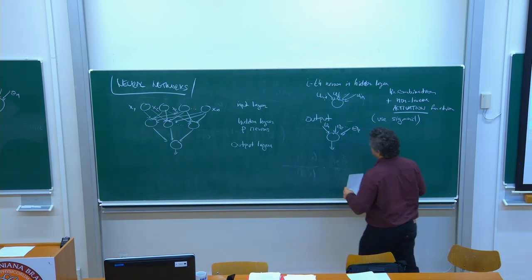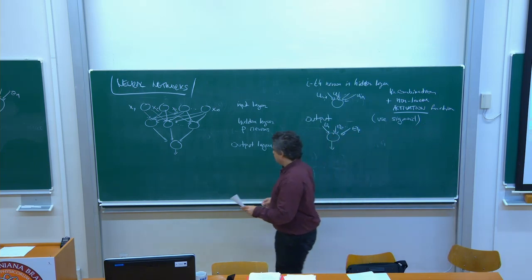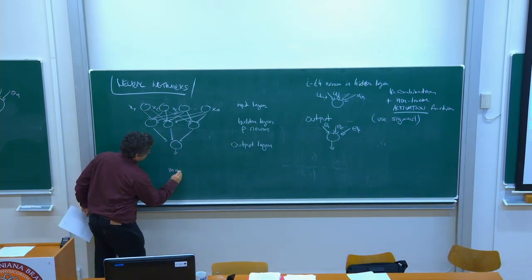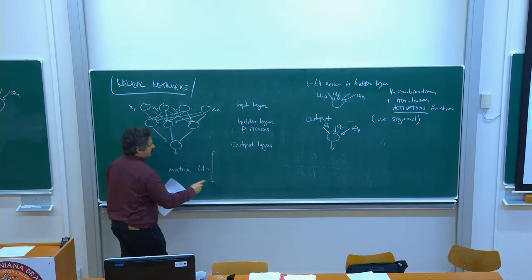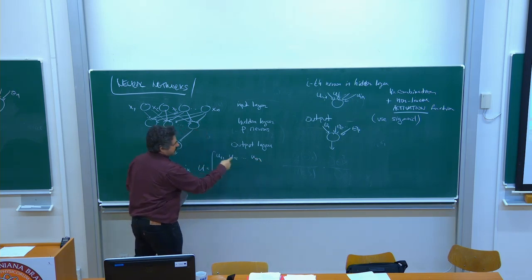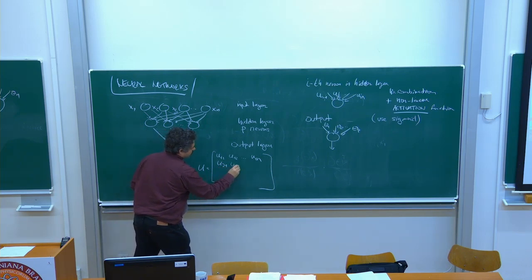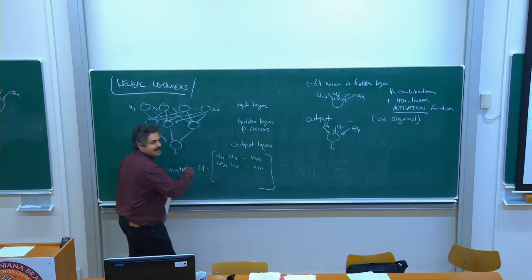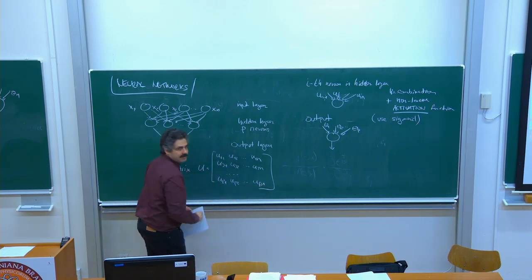We can write these parameters down in a more compact form. There is a matrix that we will call U, and this is basically all these weights. So U11, U12, up to U1n are the weights associated with the first hidden neuron, U21, U22, up to U2n are the weights associated with the second one, and so on until Up1, Up2, Upn.